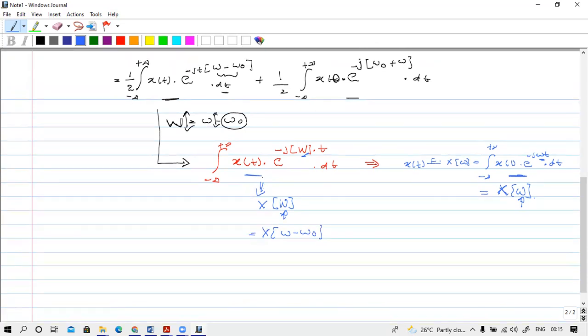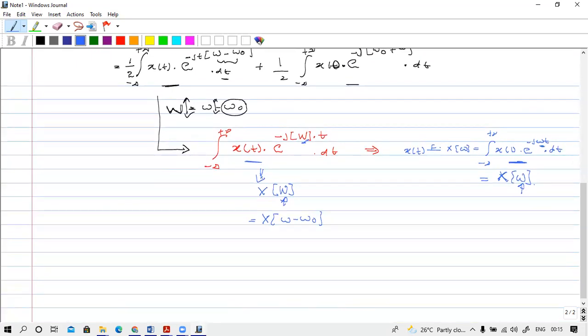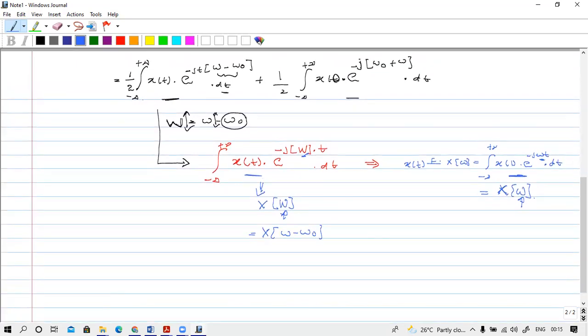So here this term we can write as half capital X(omega minus omega naught). And here the plus is there, and in the same manner, if you consider this part separately, this omega naught plus omega we can consider as another value, omega 1.